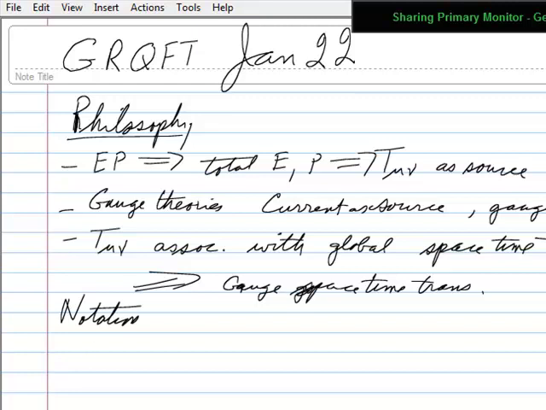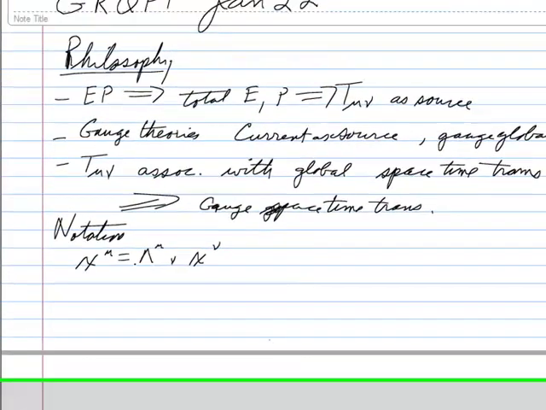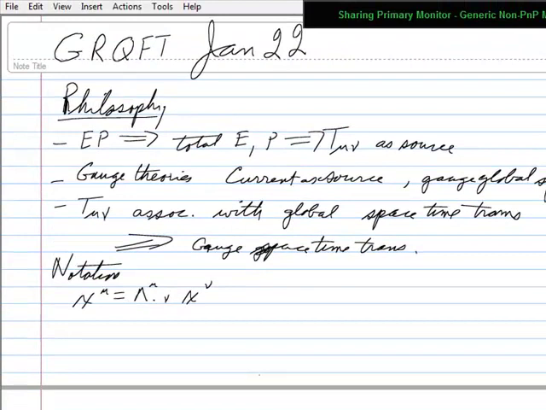The Lorentz transformations and rotations can all be absorbed into a transformation lambda mu nu x nu. And the notation I use is the first index is free, the second index is the one that's contracted. The x lower is lambda mu nu x lower.